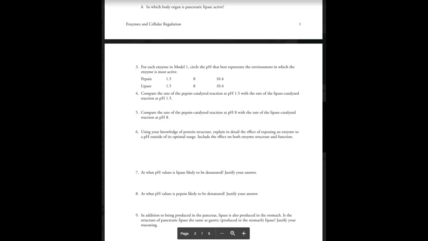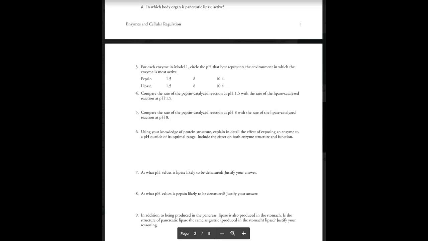Number 9. Okay, so we have pancreatic pepsin that is used in the intestines, and also pancreatic lipase, and then we also have stomach lipase. We would expect them not to have the same structure, okay? Because the stomach is very acidic and the intestines are very basic, right?